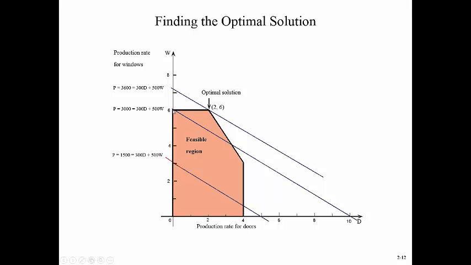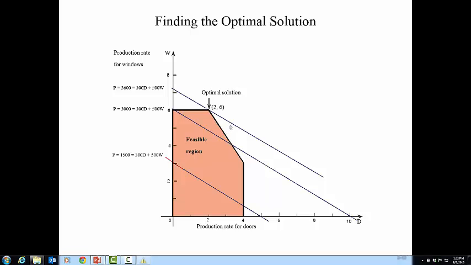And again, the iso profit point over here is 0 doors and 6 windows, which gives us a total profit again of $3,000. So all of the solutions along here deliver $3,000 of profit.